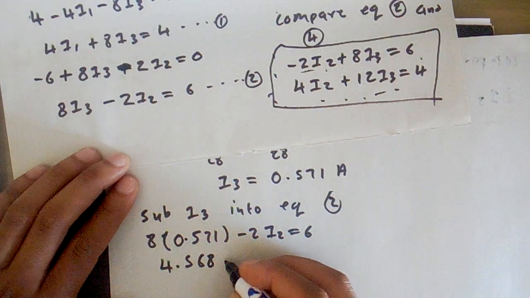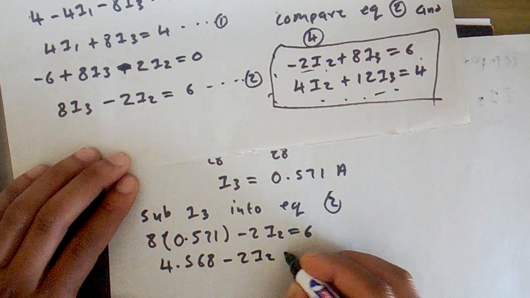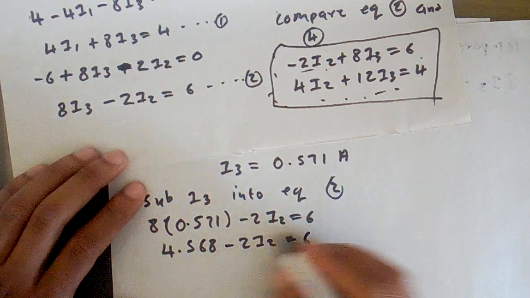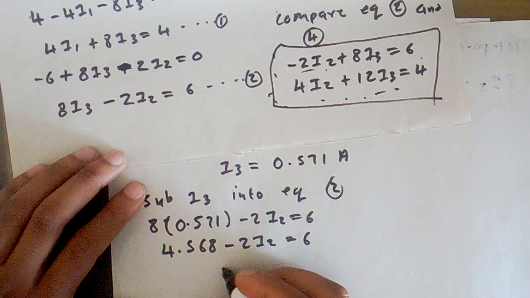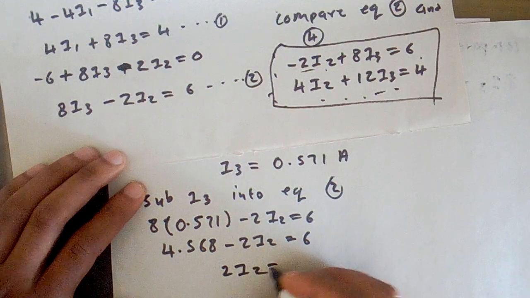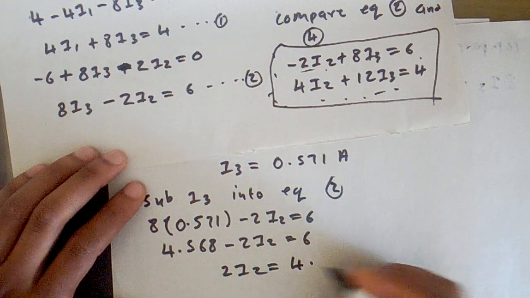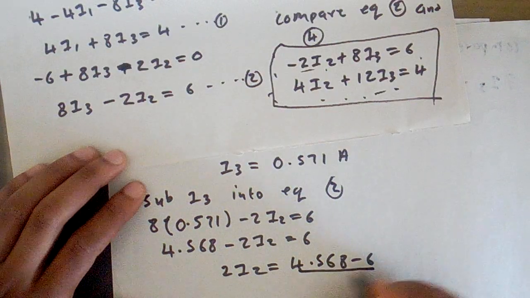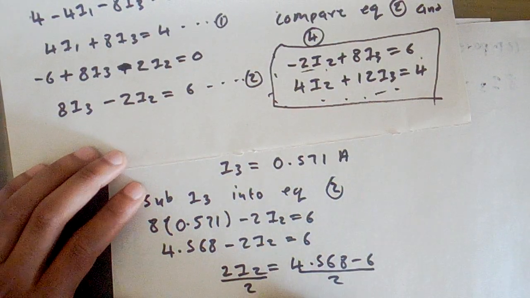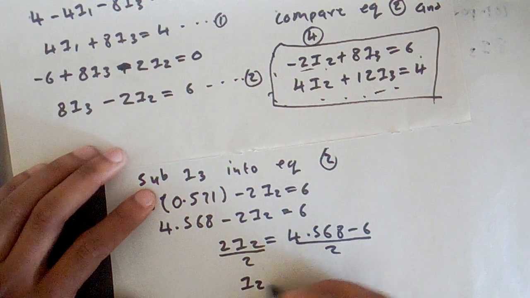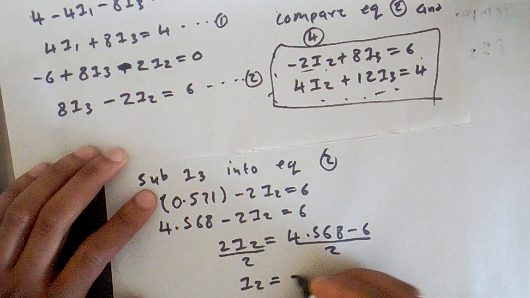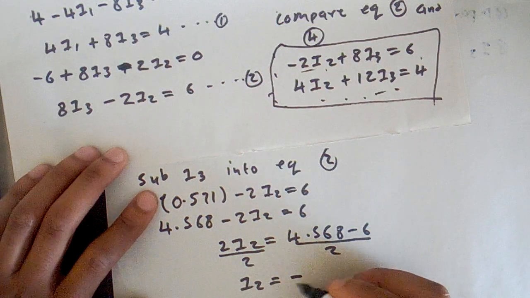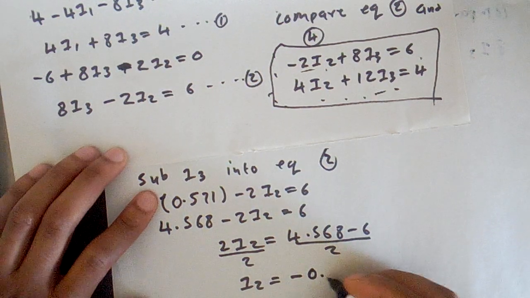When we take this side, I2 equals to 1.432 divided by 2, and our I2 here is minus 0.716 ampere. Punch that in the calculator and you get this value.